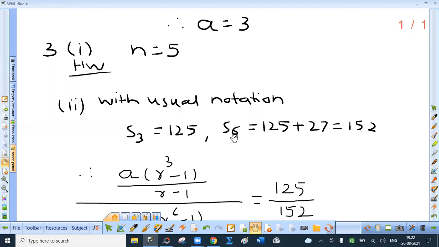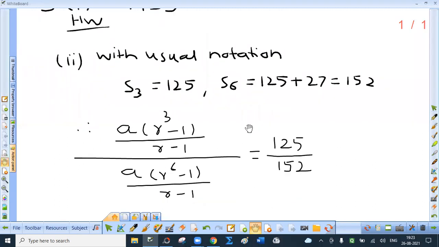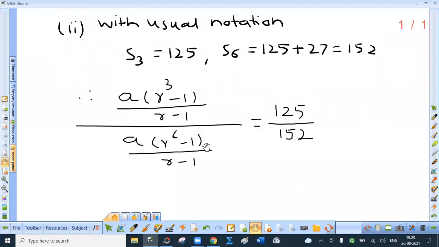This means S6, T1 plus T2 up to T6 must be 125 plus 27. That is 152. Now take the ratio. What is S3? A into R cube minus 1 upon R minus 1, upon what is S6? A into R raised to 6 minus 1 upon R minus 1, equal to 125 by 152.